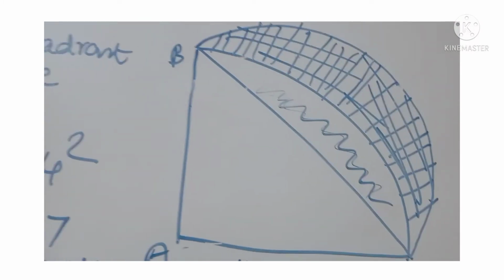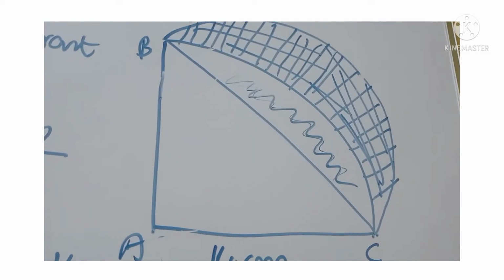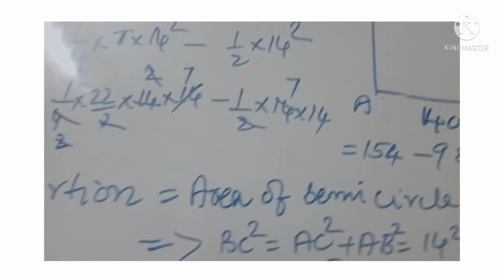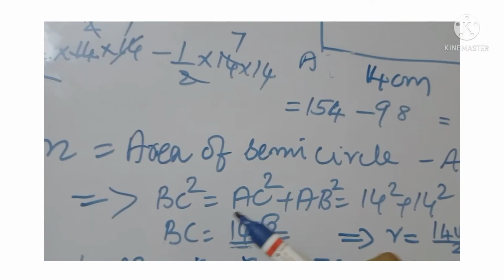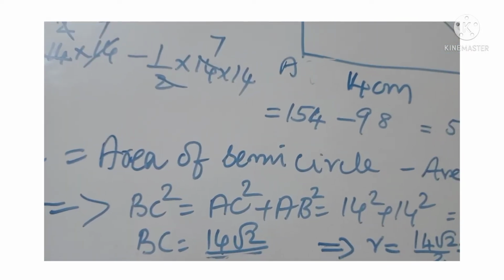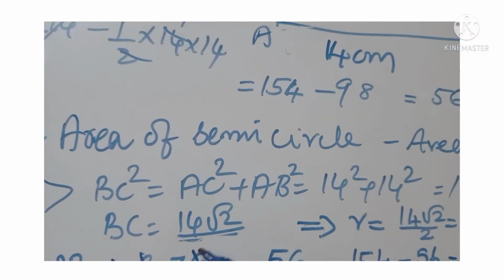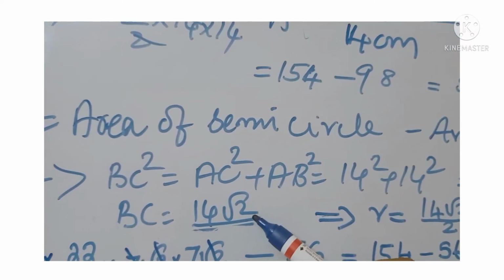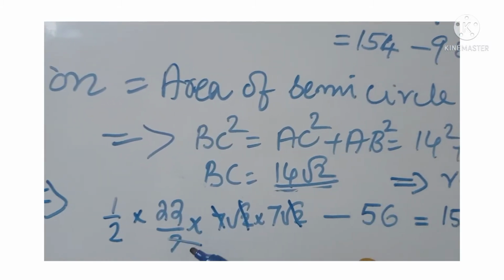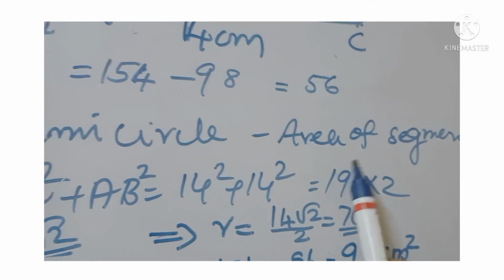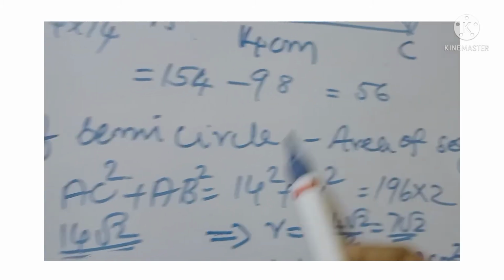Then we want to find the area of the semicircle. We know area of a semicircle is half pi r square. So for that we want to find the radius of the semicircle. That is why we already found BC equal to 14 root 2. Then area of the shaded region is area of semicircle minus area of segment. The segment we already found, it is 56.